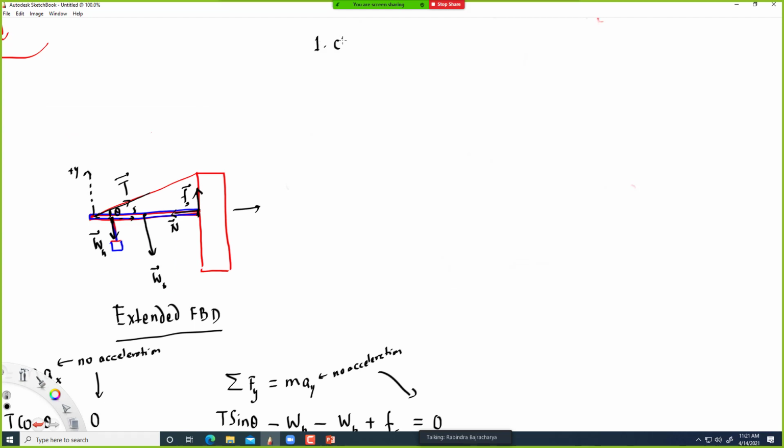Choose a fixed point about which the object tends to rotate.